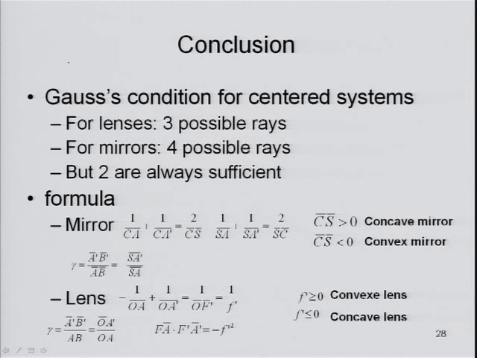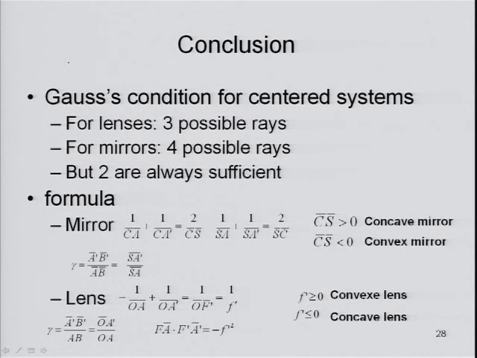So this is just my conclusion. Keep in mind the Gauss assumptions; you need to be under the Gauss assumptions to be relatively correct. There are 3 possible rays for lenses, 4 possible rays for mirrors, but 2 are always sufficient to find the position of the image. And here is all you need to know.